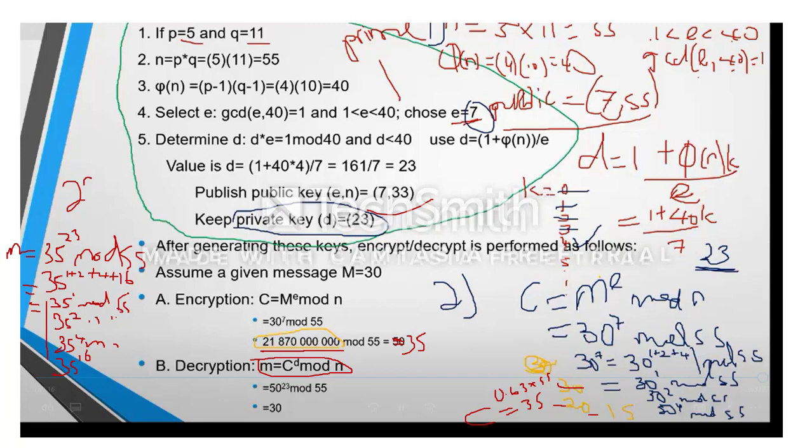Right, now let's do this one by one. 35 to the power 1 mod 55. If you enter it in your calculator, I'm sure you're going to return your 35.